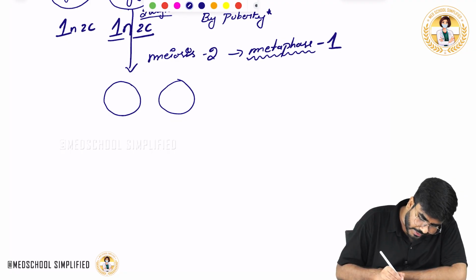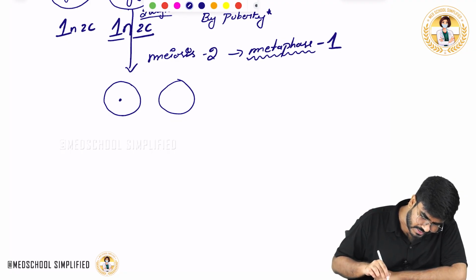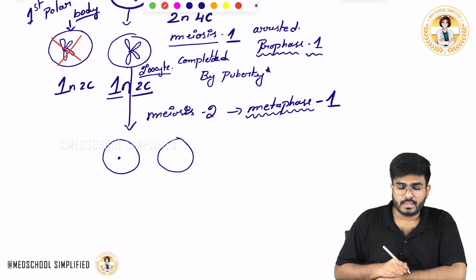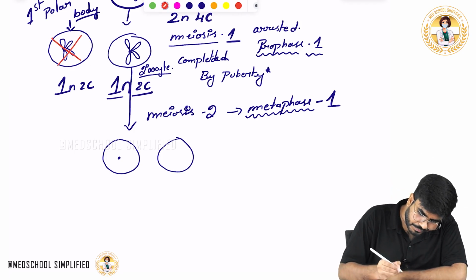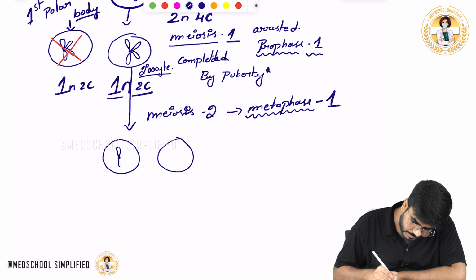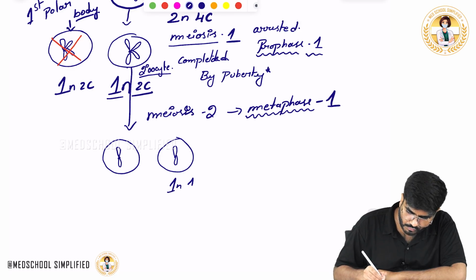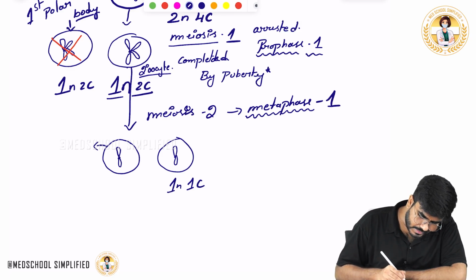So, it is going to divide into something like this. One cell is gone, this becomes the polar body. Now, this cell becomes 1N, 1C, and this will become the second polar body.